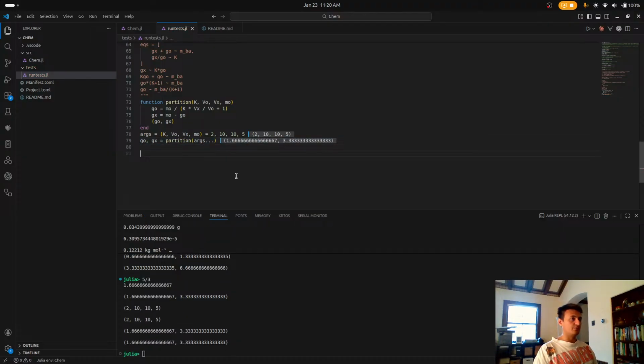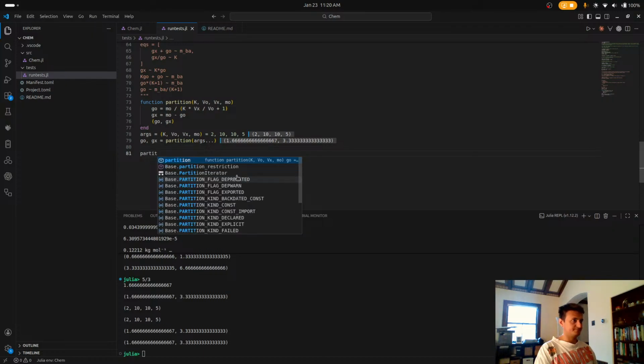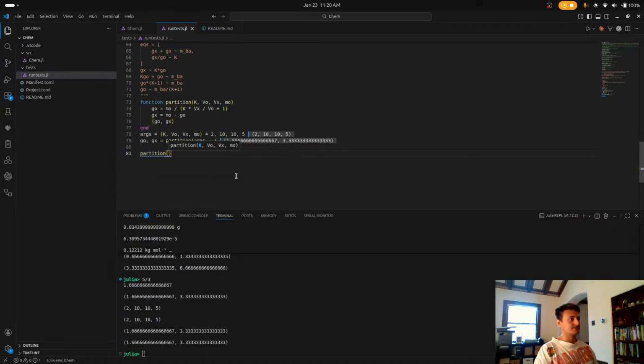But now we want to do another extraction. So we want to partition same K, same VO, same VX, except now we're doing GO.